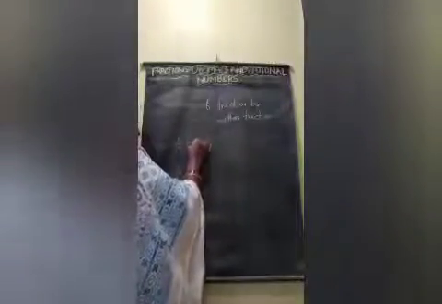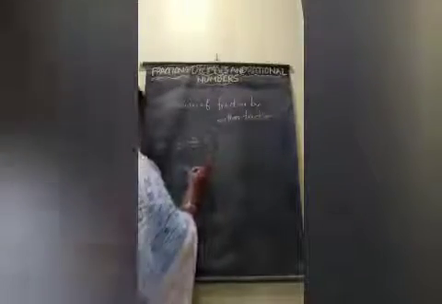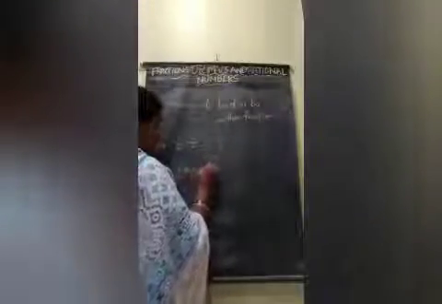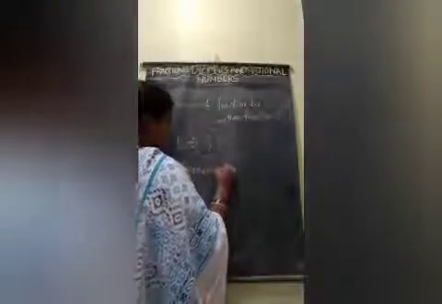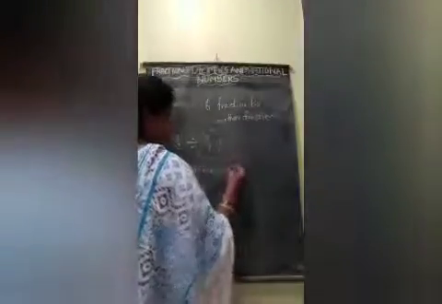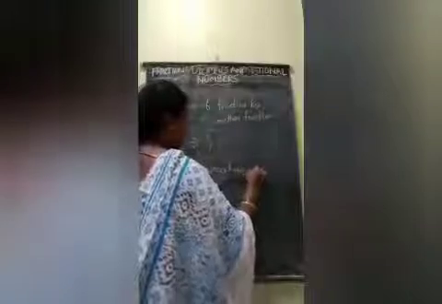First, we take 1 by 2. Division is converted to multiplication, and we take the reciprocal of 3 by 4.